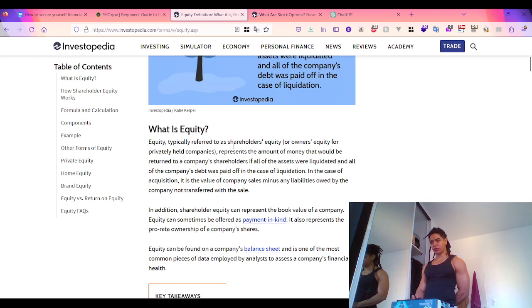Equity is typically referred to as shareholders' equity, or owner's equity for private companies. It represents the amount of money that will be returned to a company's shareholders if all the assets were liquidated and all its liabilities were paid off.